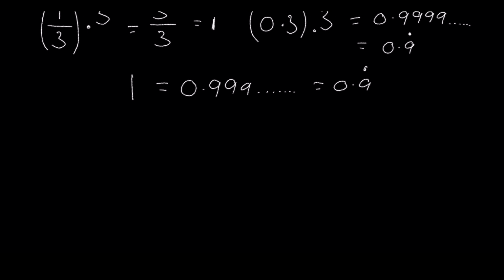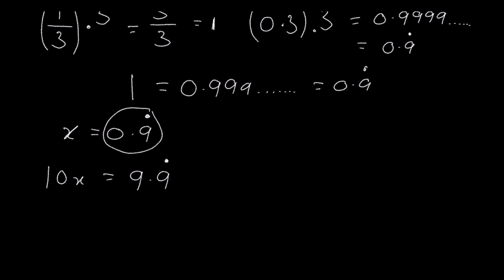Well, let's suppose you take x and you let x equal 0.9 repeating. Now if you multiply both sides of this by 10, you get 10x is equal to 10 times this, which is 9.9 repeating.